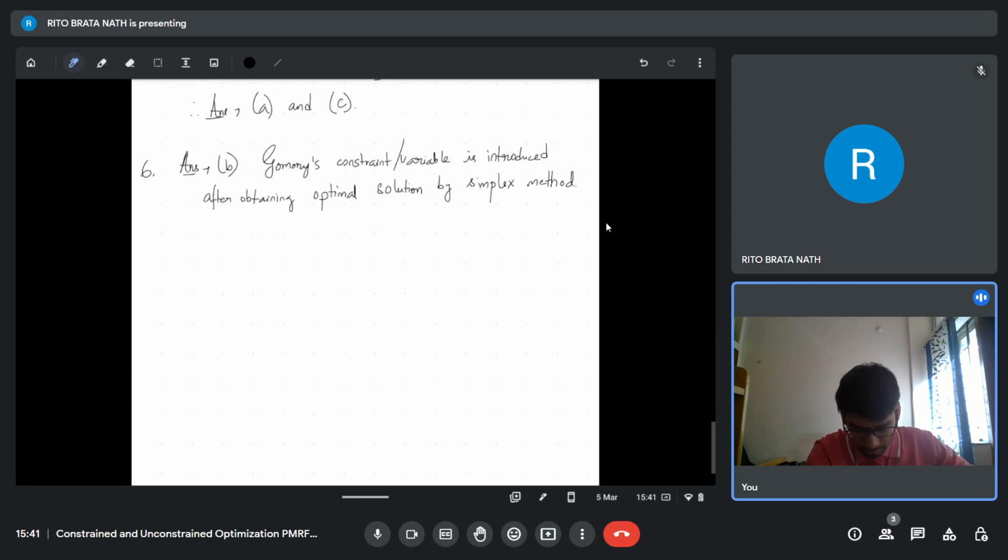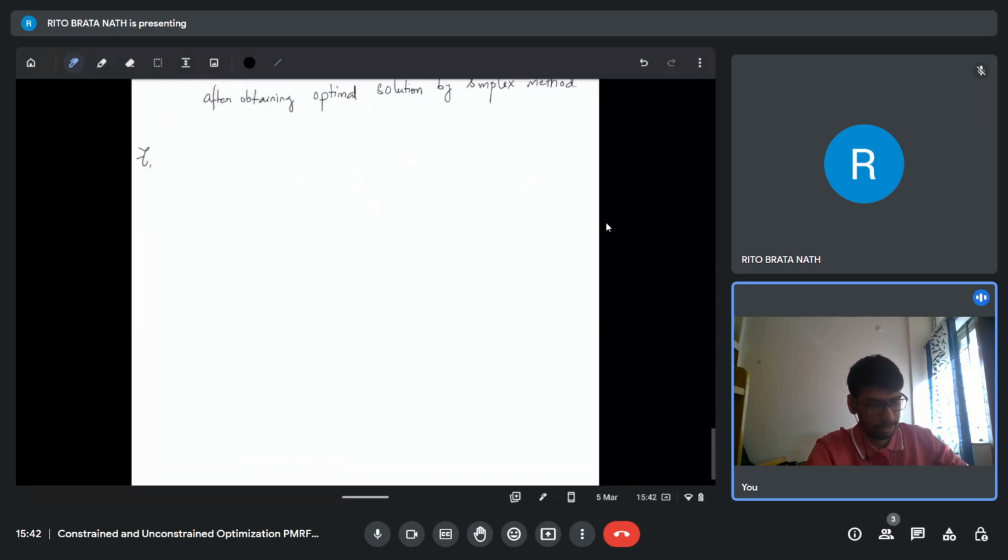Okay. The seventh problem asks you to solve an integer programming problem where you have to use Gomory's cutting plane method. Since I haven't discussed Gomory's cutting plane method in the class, let me not solve the LPs. I'll directly write the LP's solution, but let me show you the procedure to solve it.